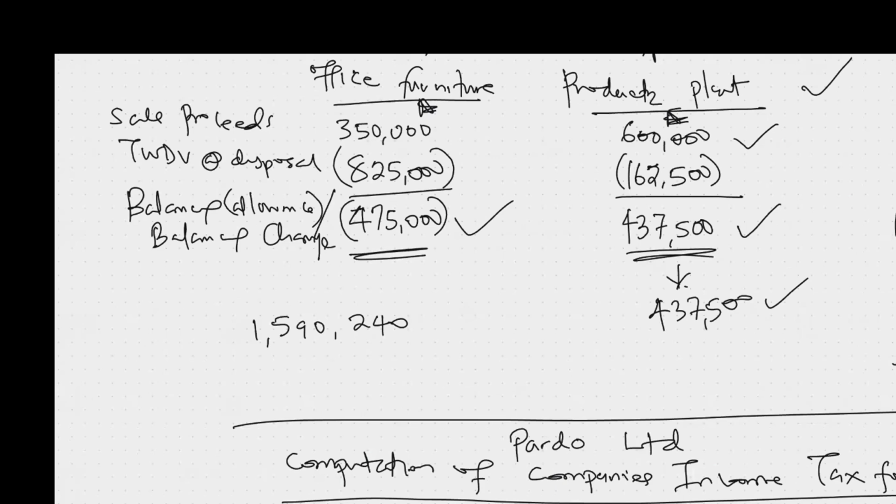Subtract. We are not supposed to calculate capital allowance on plant, which is 8,125,500. Subtract. So whatever you have is our capital allowance for that period.